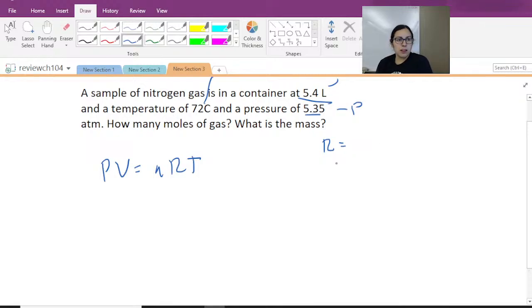What was that number again? 0.082. You put 8206. You can also round to 0.0821 either way, so that's good. So that's just our gas constant in all those units.